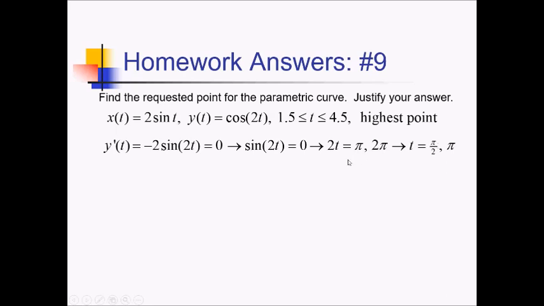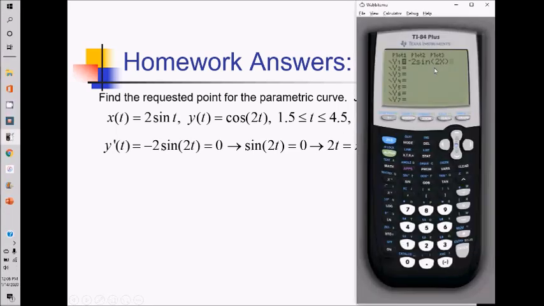All right, so I need to test out these. I also need to test out possibly the endpoints. Let me go ahead and graph y prime and see what it looks like on the interval from 1.5 to 4.5. So I've got the y prime of t entered in my y equals, and for my window, again, I'm using 1.5 to 4.5, and let me do a zoom 0, zoom fit.